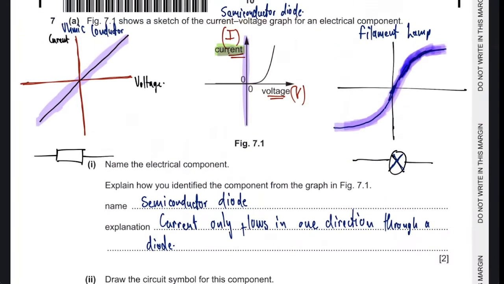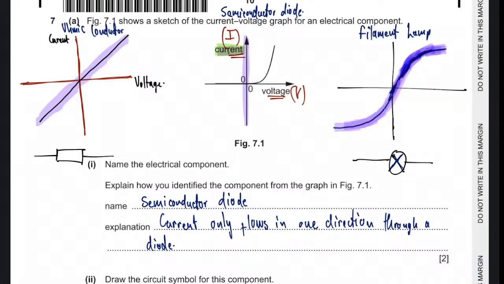What did you know? The three graphs. This is what you are learning in this question. The three graphs that examiners will expect you to recognize or sketch or explain. If we are explaining a filament lamp graph, you should say the resistance will increase as the lamp heats up. It has curves, because the resistance increases.